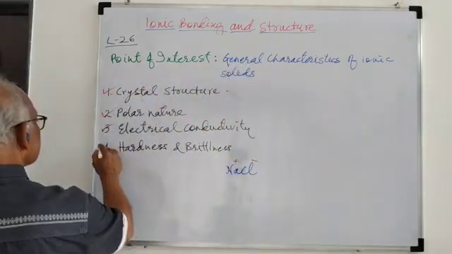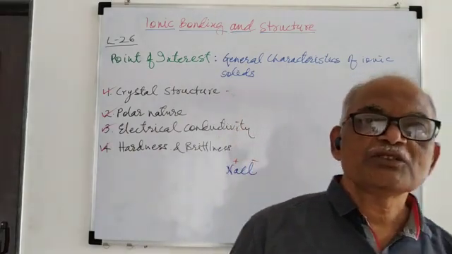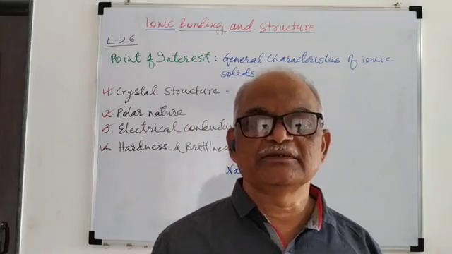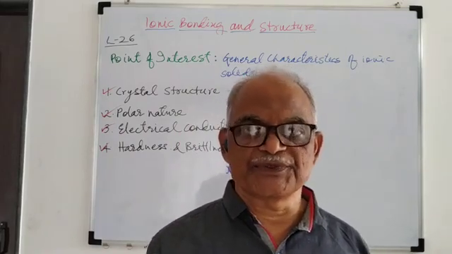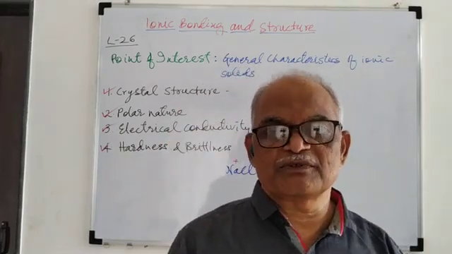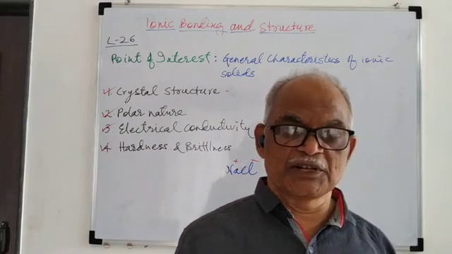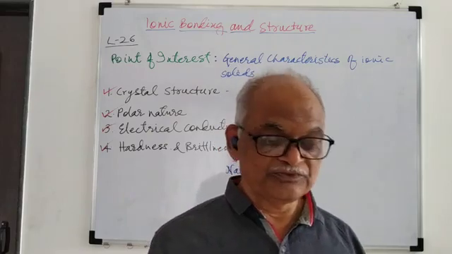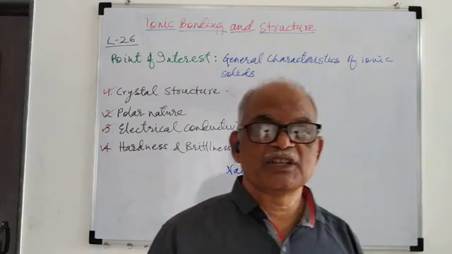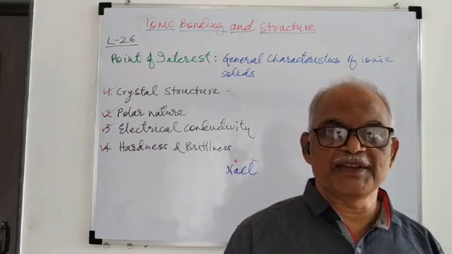Then we will see the next characteristic, that is hardness and brittleness. This hardness arises due to the strong binding between the cations and anions. The electrostatic force of attraction is very strong. It binds the cations and anions together very strongly. That is why generally the ionic solids are hard. And we can observe that these solids show variation in the distance between the ions.